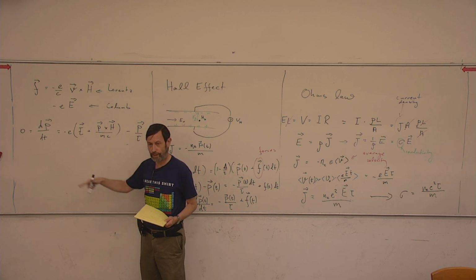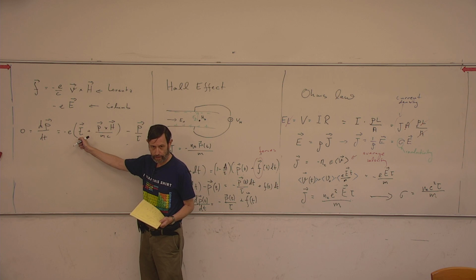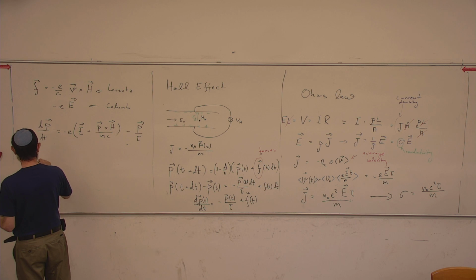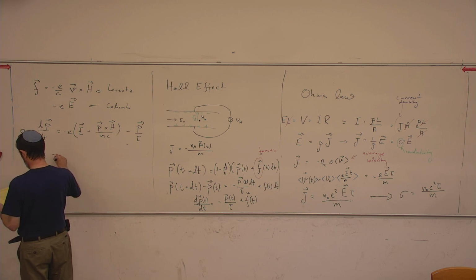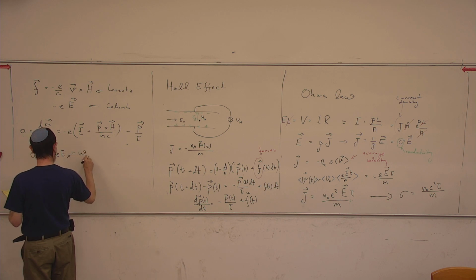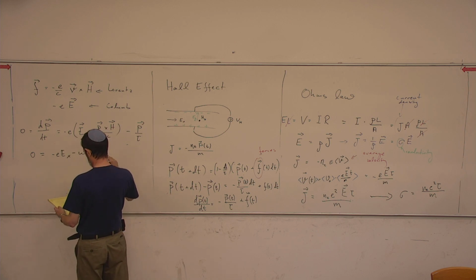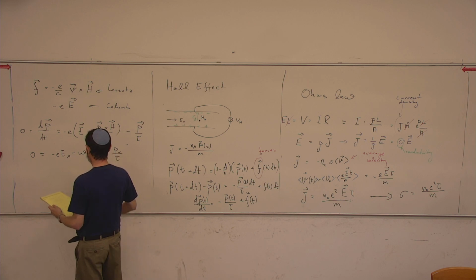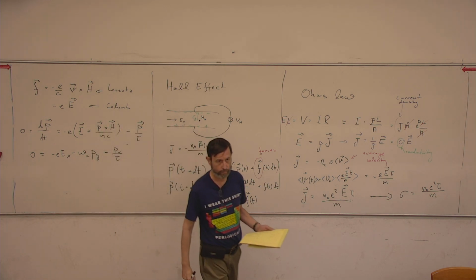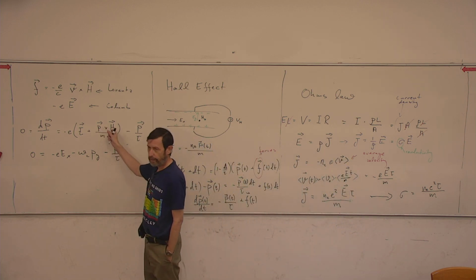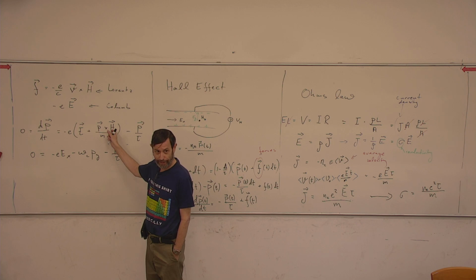If there wasn't such a field, I would have here only Ex. So in the x direction, because Py cross Hz gives you something in the x direction.